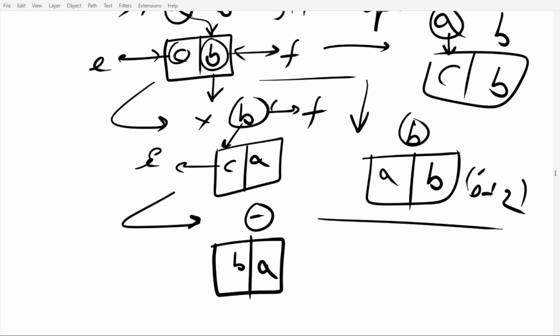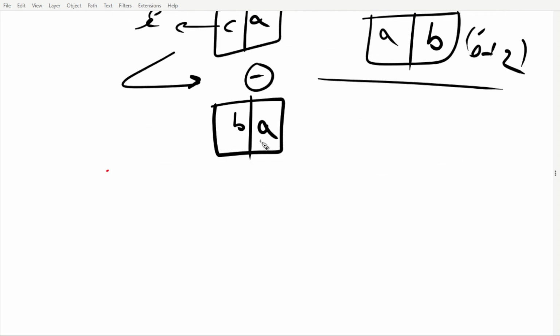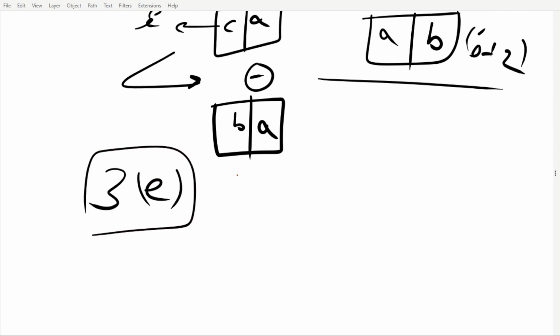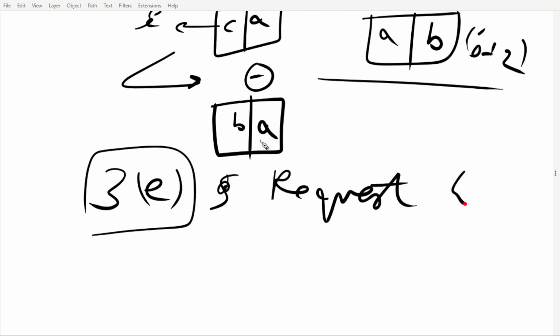So if we compare with our earlier various cases in the proof, this is case 3E where S, so here we have request to F, and S evicts E.